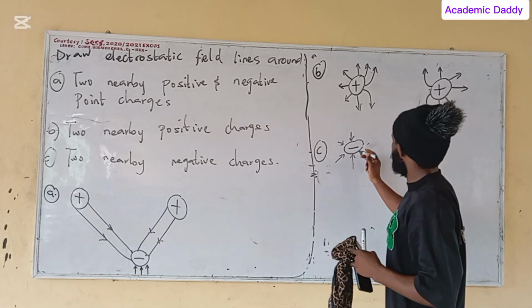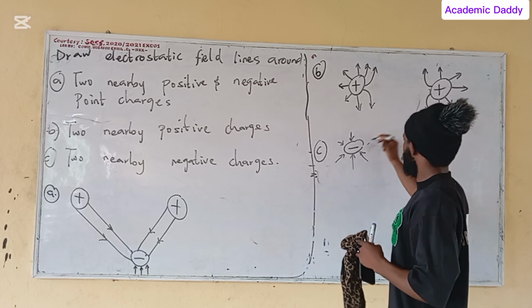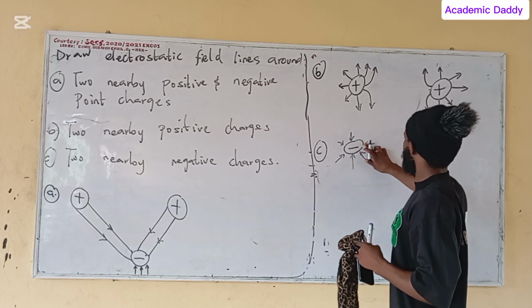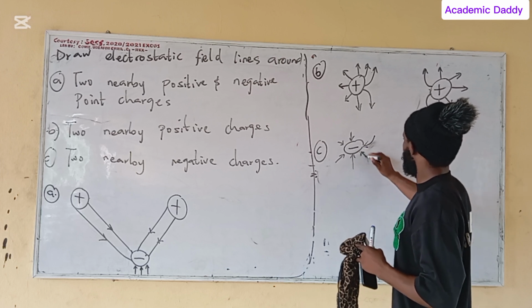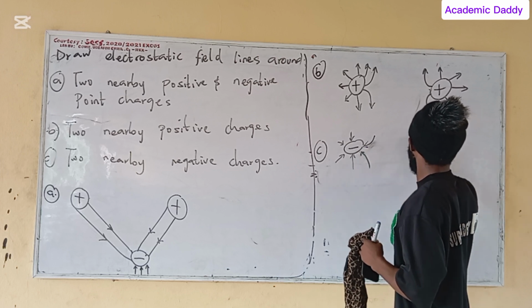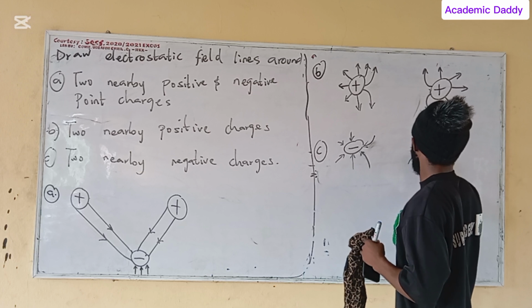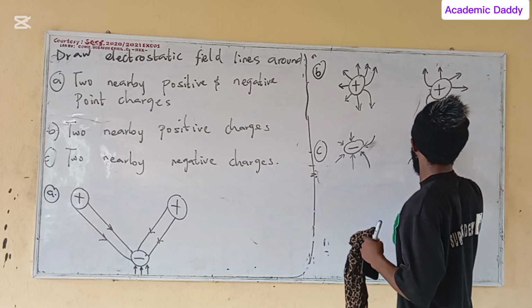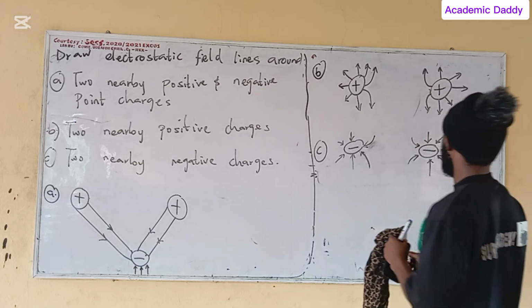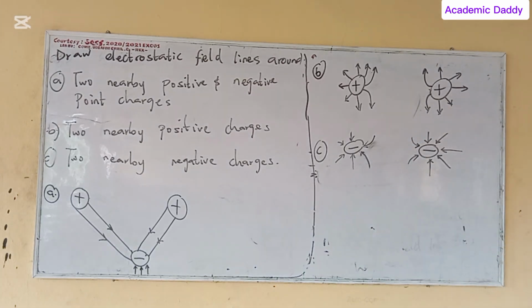So for C, there you have it. We're going to stop here for today because the rest of the questions require calculation, and we'll record that one during our tutorial class.